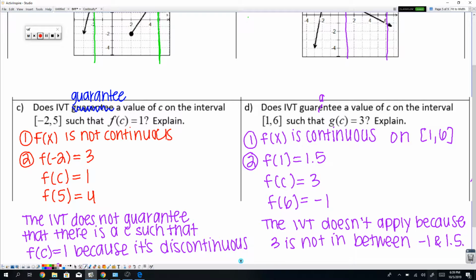Okay? So the order in which you say that, you should always go from least to greatest. So even though 1 is the higher number and 6 gives you the lower output, you need to put it in order from negative 1 to 1.5.